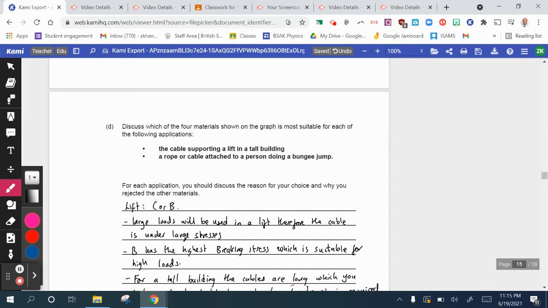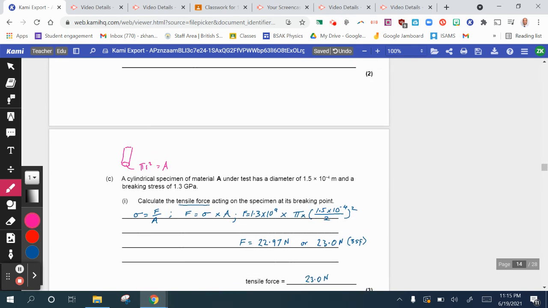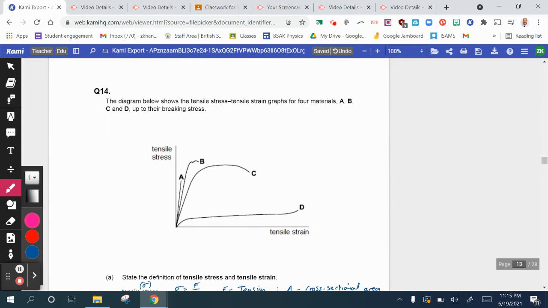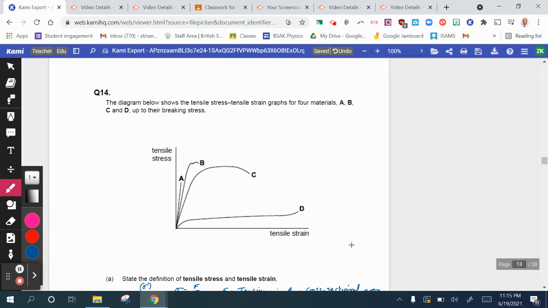So when we look at B, B has a relatively low amount of strain even for its maximum values. I would go for B rather than C because we can see that C does have a large strain for large stresses, but that could be an advantage as well because that's a prior warning before that cable could break.